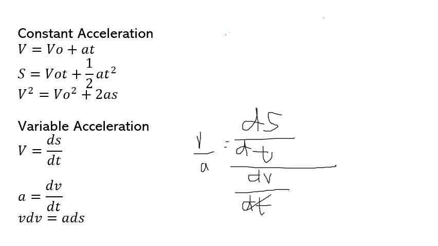So we can cancel out dt, so v over a, or velocity over acceleration, is equal to ds over dv. Cross multiply, and then we can come up with this formula.